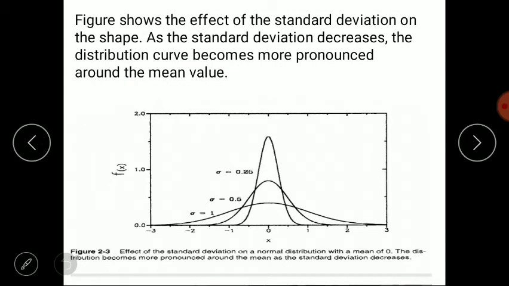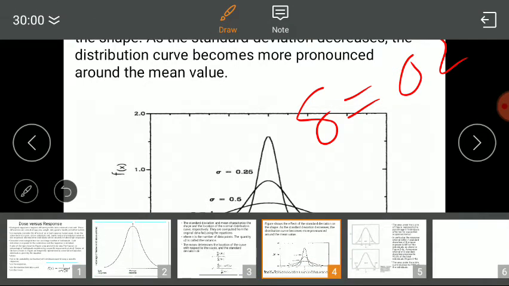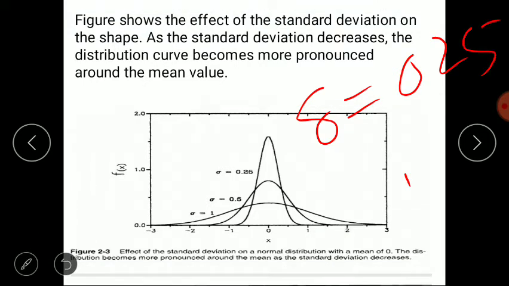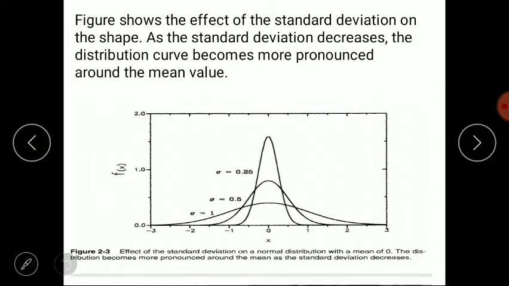Now we can see the application and uses of the standard deviation and the mean. When the standard deviation is 0.25, the curve looks like this. If we increase the standard deviation, we get this type of curve for 0.5. For a standard deviation equal to 1, we get this type of curve.